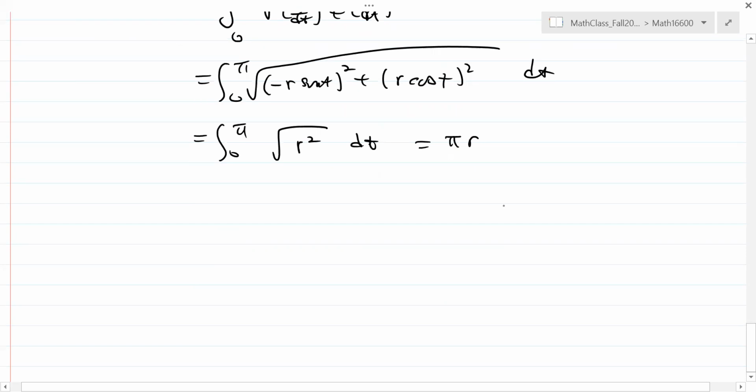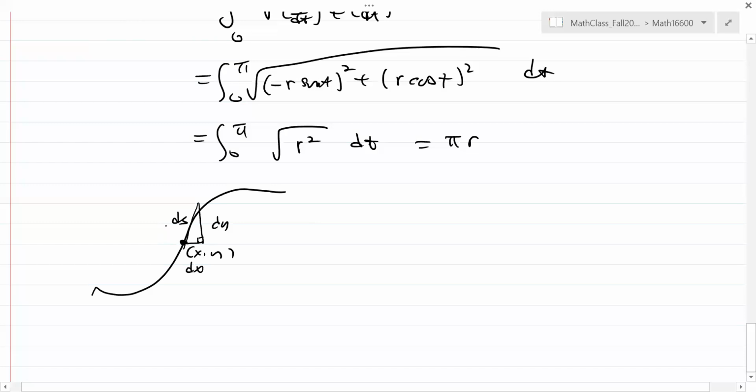Let me repeat again. You have a curve, and this is a point x and y. For ds, you always have this special right triangle: this side is dx, this side is dy, and that side is ds. ds is the length of the hypotenuse of the right triangle.